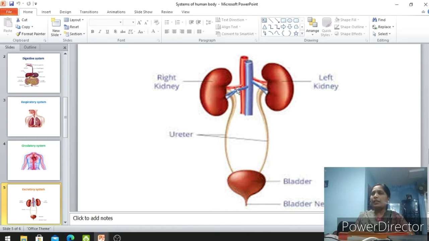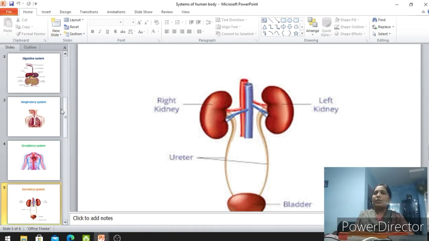At pelvis region, both the sides of backbone, two kidneys are present and they help to remove the waste materials from the blood. They filter the blood in the kidney and they send out the waste products in the form of urine. So kidneys play an important role in the elimination of waste products from the body.